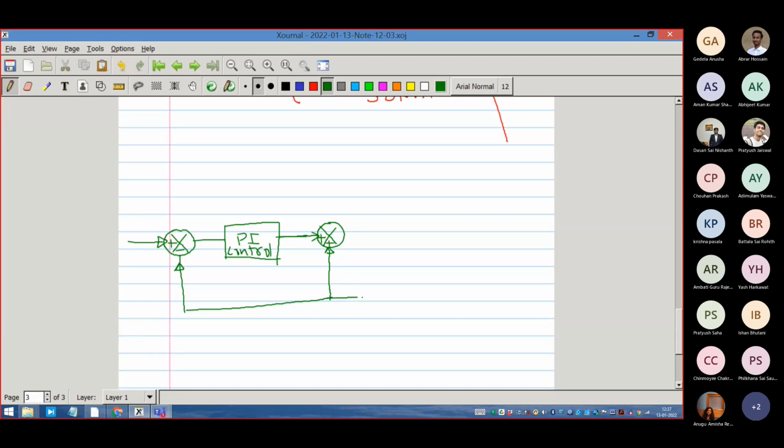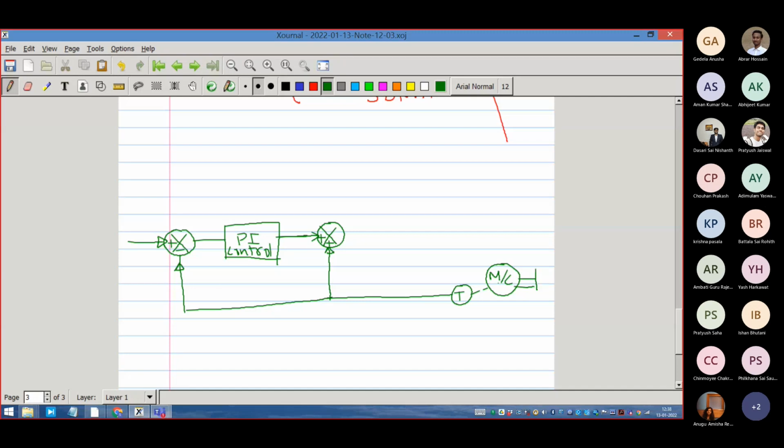I will show you what only speed feedback is required. This is a TACO. TACO is a thing which you might have seen in the machine lab, which is used to measure the speed. This is the machine, and this machine is coupled to a shaft.